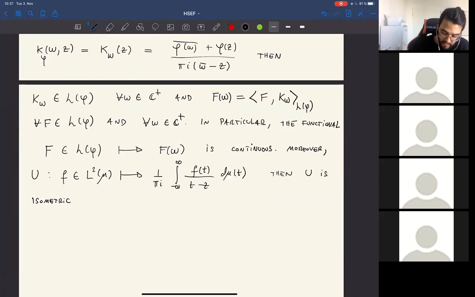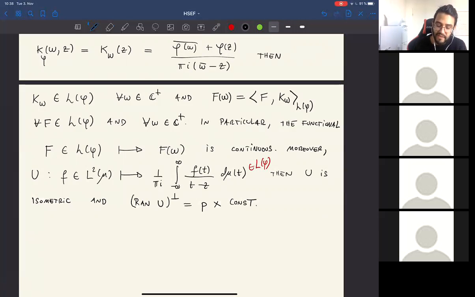So U is isometric, and the orthogonal complement of the range of U. So the range of U will be functions inside L phi, because this guy here belongs to L phi by definition. So the orthogonal complement is just P times constant.